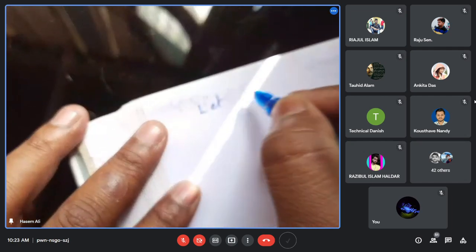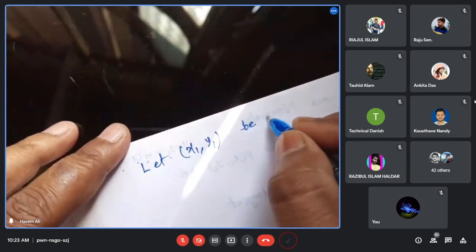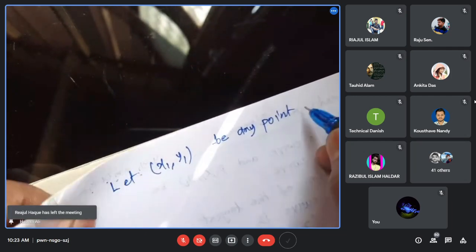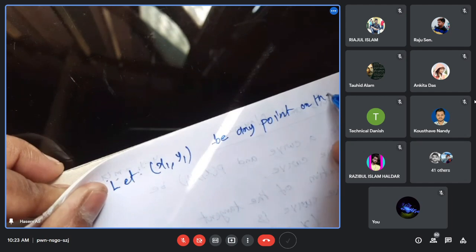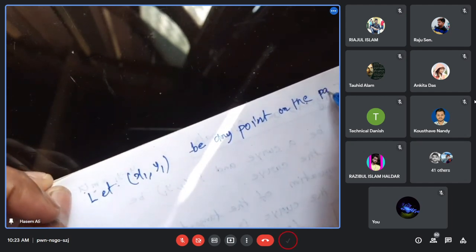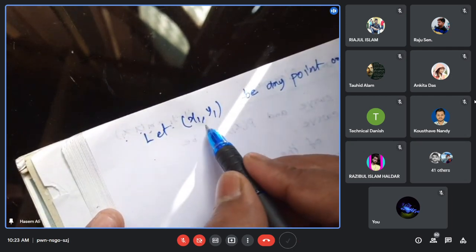Let x1 y1 be any point on the parabola, on the curve. That means this point lies on this parabola.